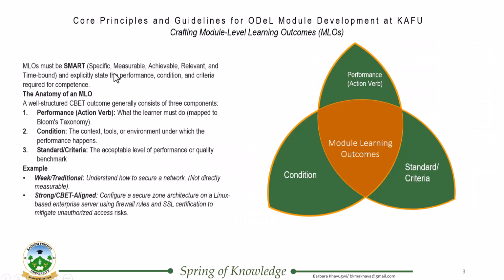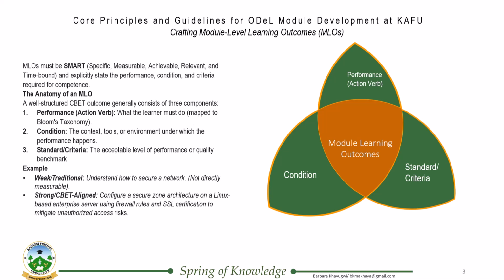Now, it's also important that when we are stating our learning outcomes for each of the modules or topics, they are properly stated. The anatomy of a well stated learning outcome is that it should have three components: the performance or the action verb, the condition, and the criteria or standard of performance.